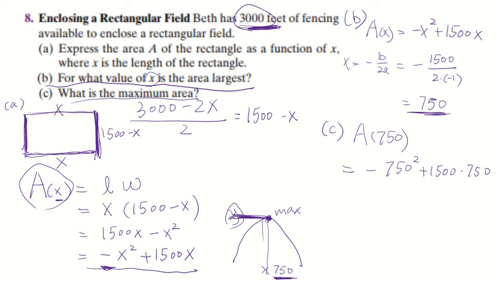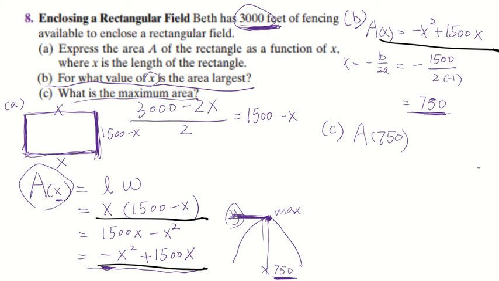Okay, I changed my mind. Let me erase this. This is what I'm going to do now. Since this function and this function are the same function, I'm going to plug it into this one because it's easier to do the calculation with this one, I think.